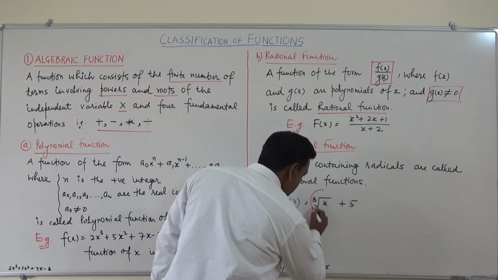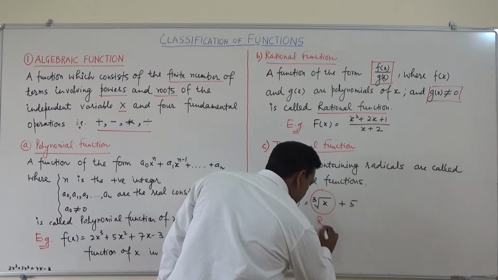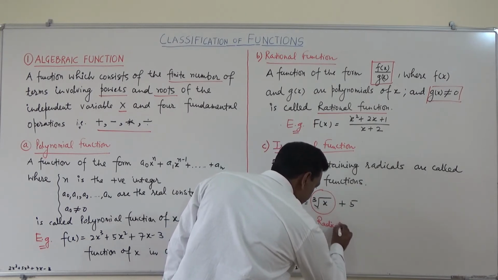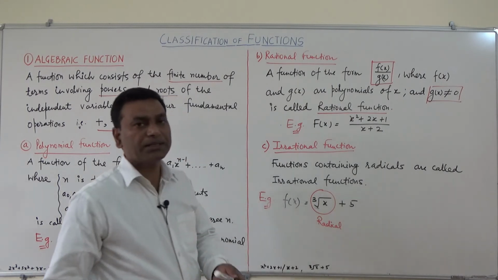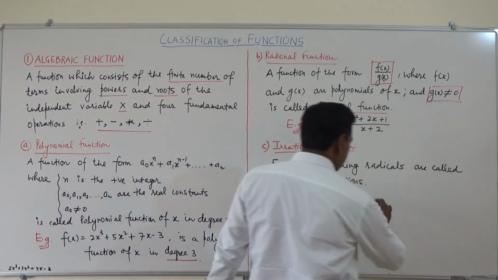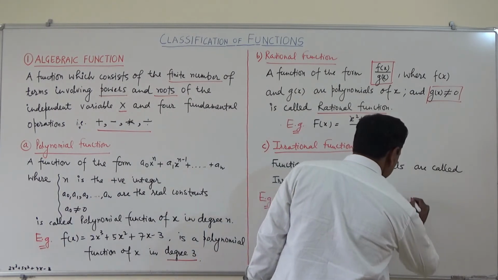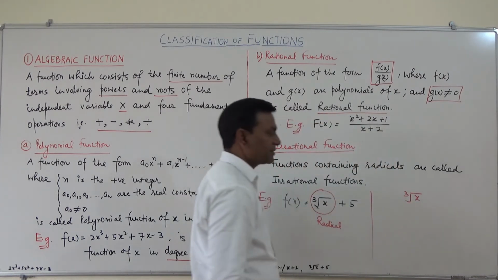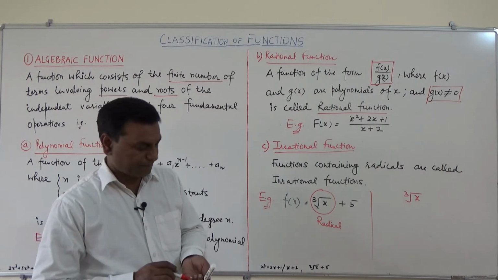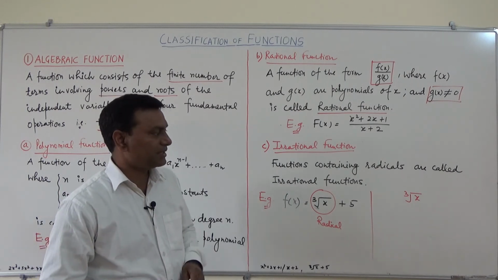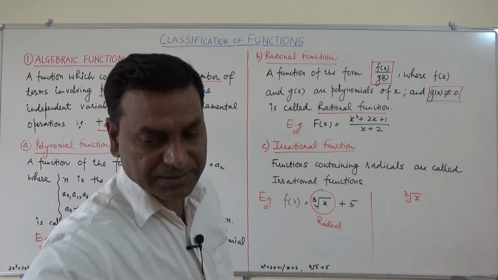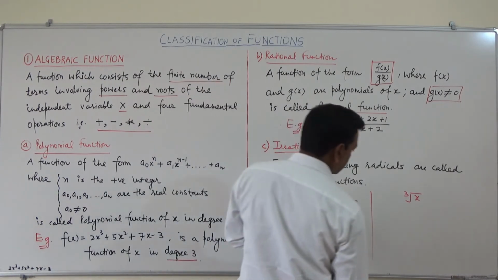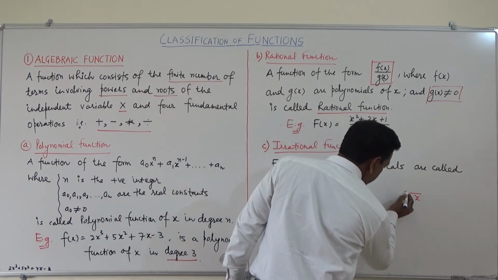Now we can elaborate this radical here. Suppose this is cube root of x. So in this case, 3 is basically the index.